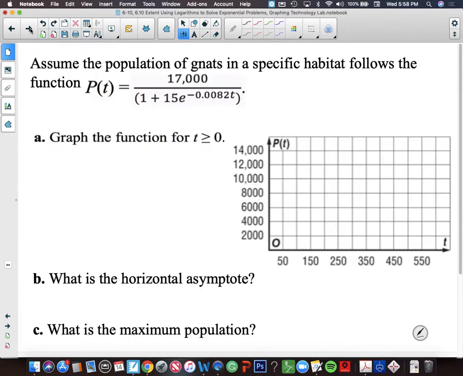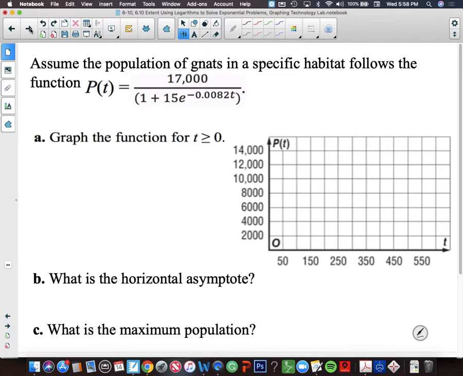So that's the gnats, because it gives you a nice little graph to use. The equation is still kind of ugly, but we're going to see if we can figure it out. Graph the function for t greater than or equal to 0. This is a population of gnats. I'm going to cheat and plug it into my calculator to give you an XY chart fairly quick.